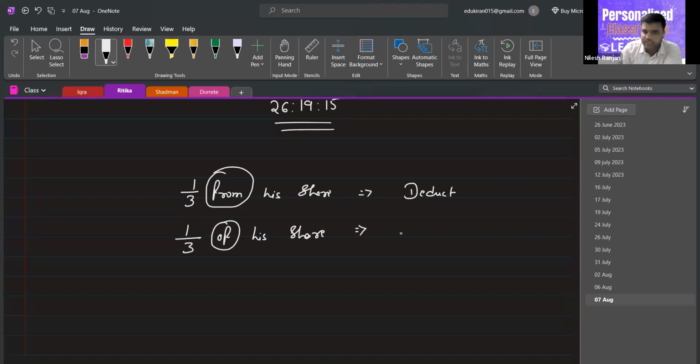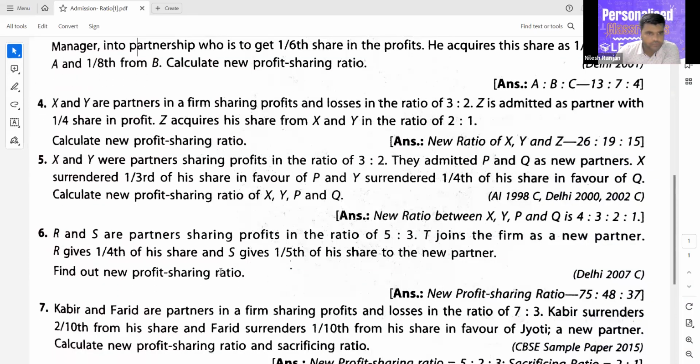And in this case, multiply and then deduct. Okay. So you will see a question like this.